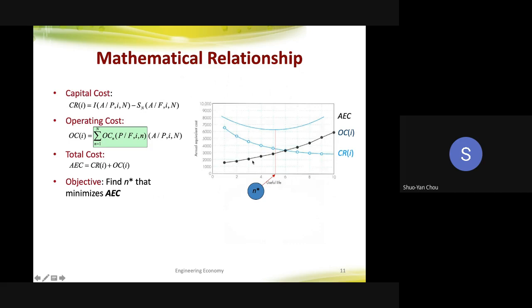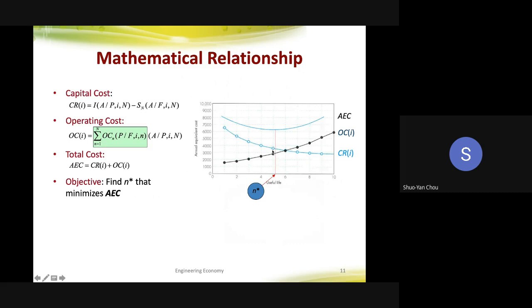So your operating costs will be higher and higher over time. Because of the nature of the two curves, their intersection point here is not very accurate, depending on the curve.